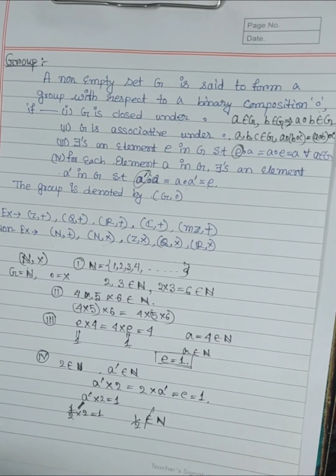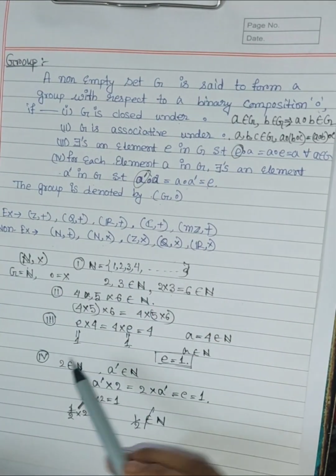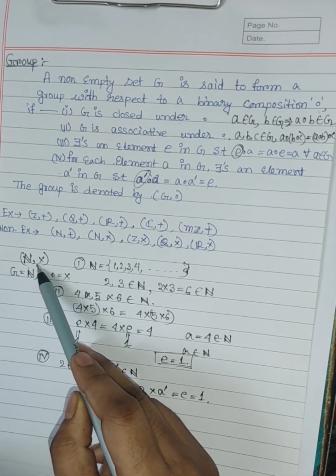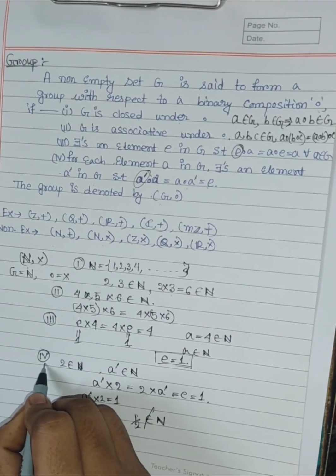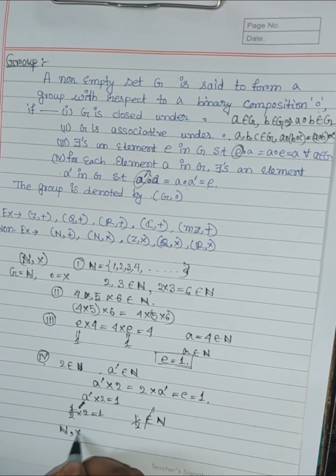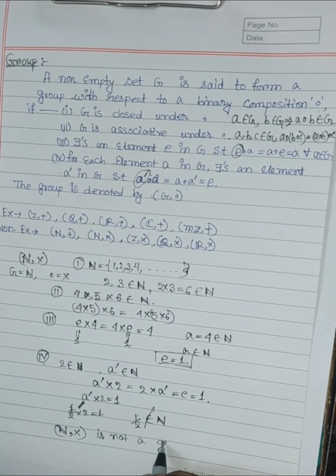So 1 by 2 doesn't belong to N. That means in the set of natural numbers with respect to multiplication, we don't get an inverse of every element. So the fourth property is not satisfied here, and N comma multiplication is not a group. Okay, thank you.